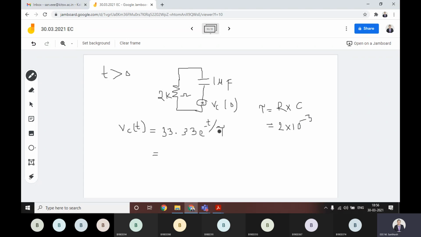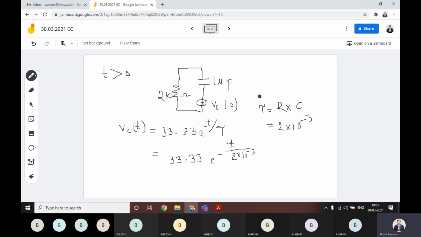Simply you have here, that means this value is equal to 33.33 e power minus t by tau. Tau value is 2 into 10 power minus 3.